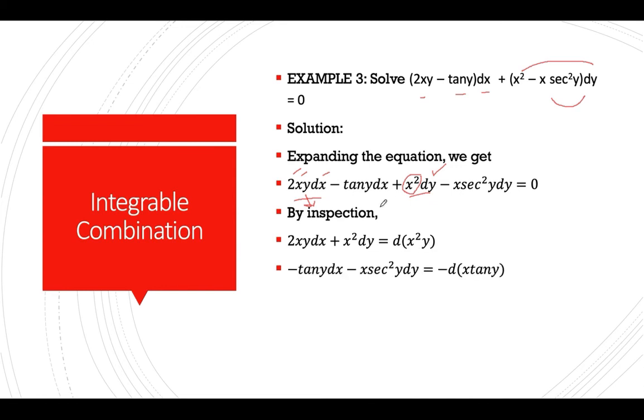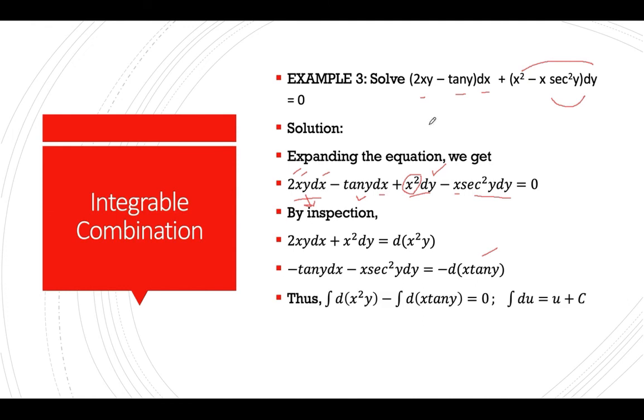Okay, in the remaining two terms, derivative of tangent y is secant squared y dy. Derivative of x is dx, and therefore these two terms are exact differential and can be written as derivative of x tangent y. And then you can factor out negative here.